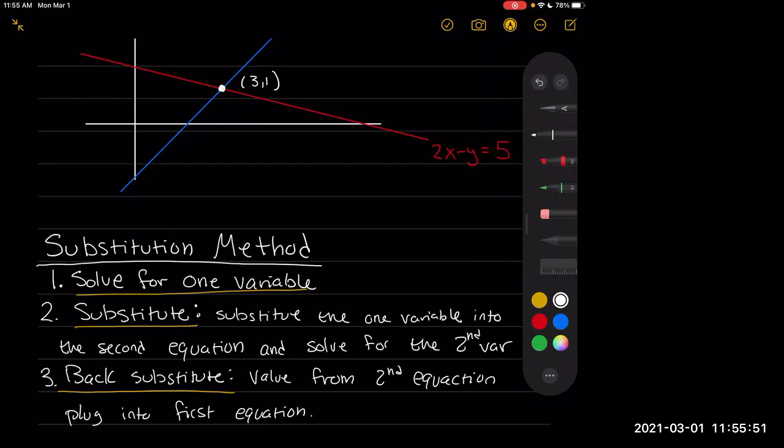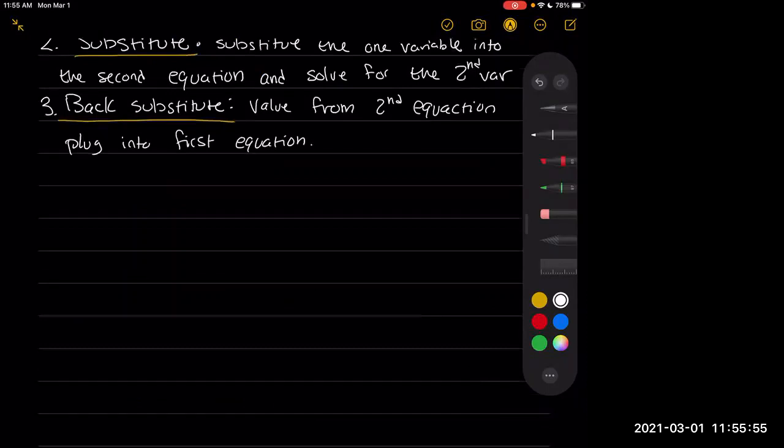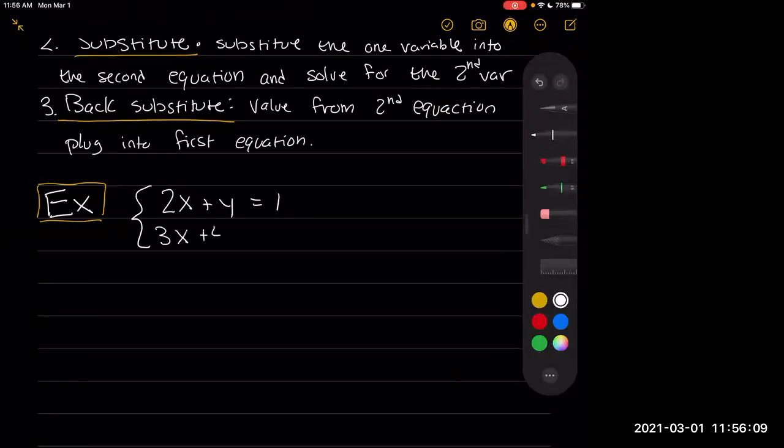So what this looks like is, if we look at an example, let's take the system 2x plus y equals 1 and 3x plus 4y equals 14. So our first step, we're going to take 2x plus y equals 1.